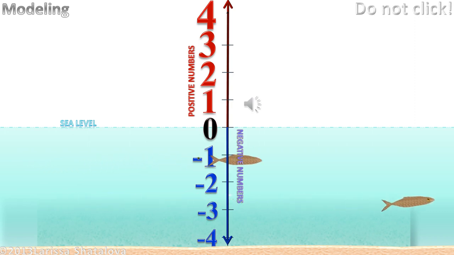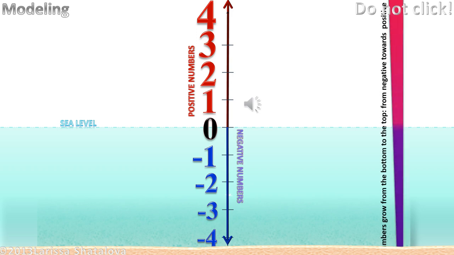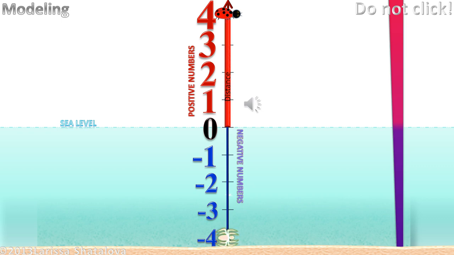Now we are modeling again. Here is a sea and sea level, and we can see positive numbers and negative numbers, and we remember that numbers grow from the top to the bottom, from negative towards positive. And we have two helpers, ladybug and crab. Ladybug is above sea level, and the distance from sea level to the position where ladybug is 4 units, and crab is below sea level, and the distance from sea level to the position where crab is 4 units.